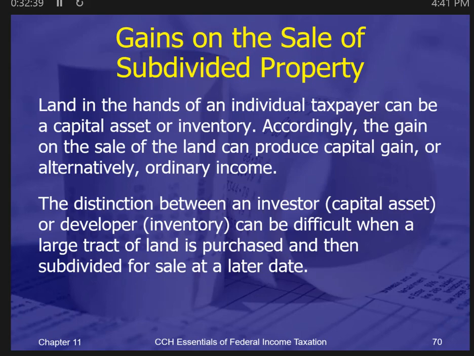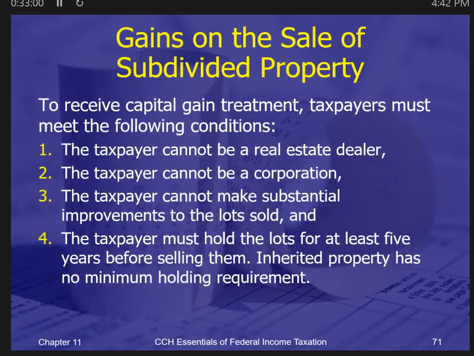You have to be an investor and not a dealer in the property. If you're a dealer, it's inventory, and therefore it can't be capital. But if you are an investor, meaning you only sell a few lots, then it could be capital gain.